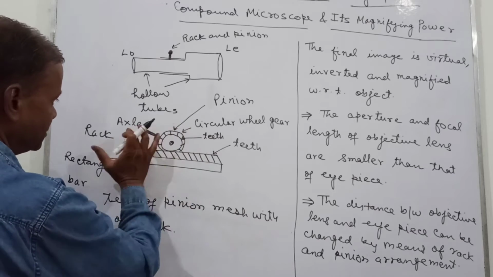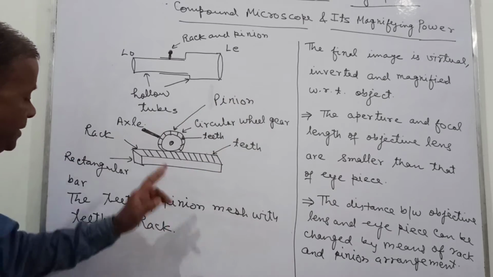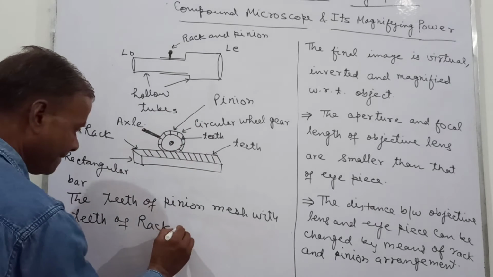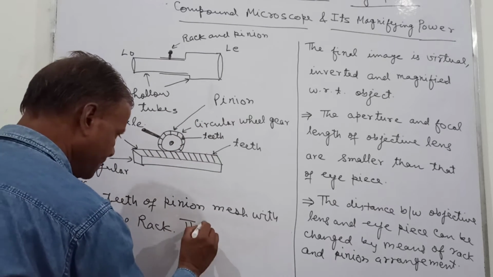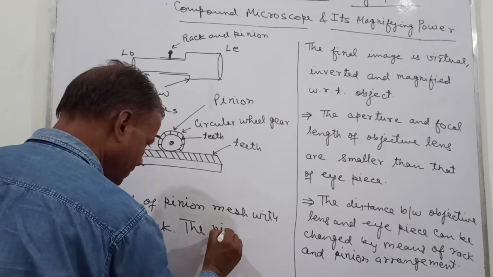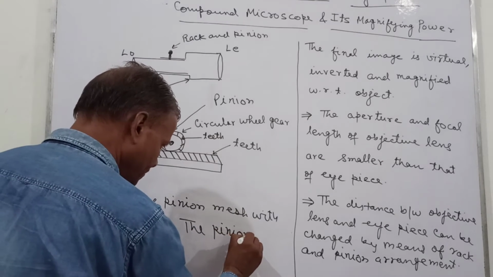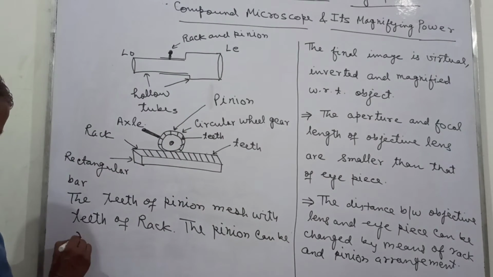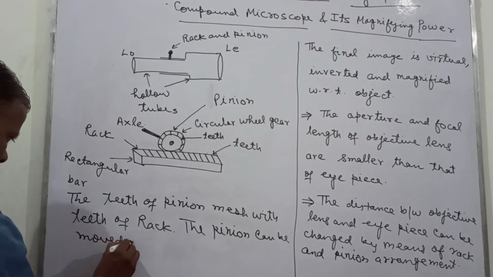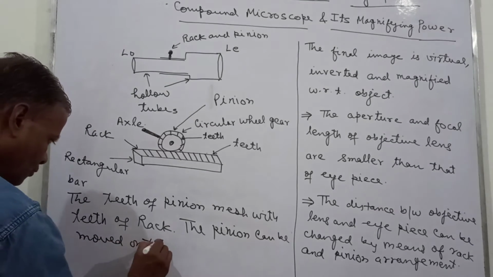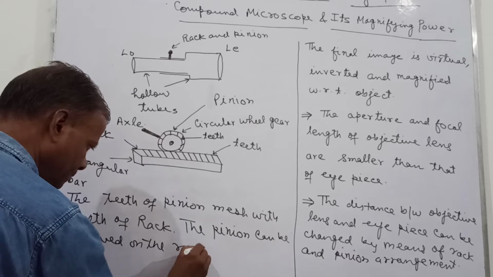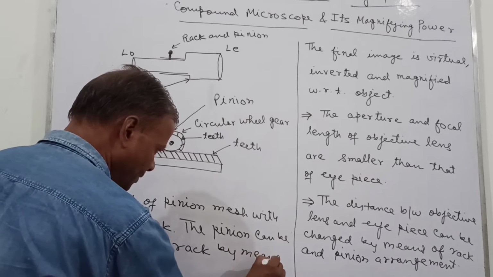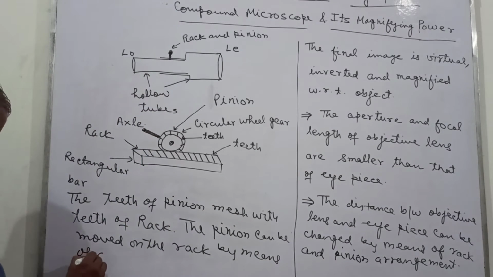This circular part is called the pinion. The pinion can be moved on the rack by means of the axle in it.